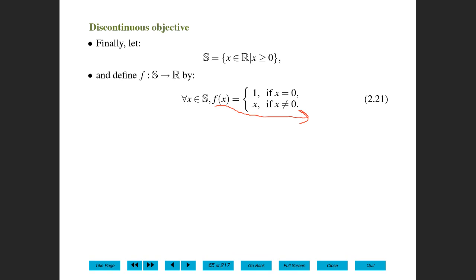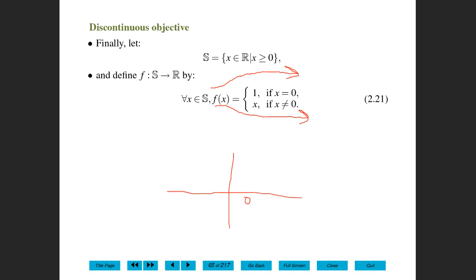Okay. So if you look at this view, that f of x is equal to x if x is not equal to 0, this is very simple. This is very simple because f of x is equal to x means we will have the same thing.